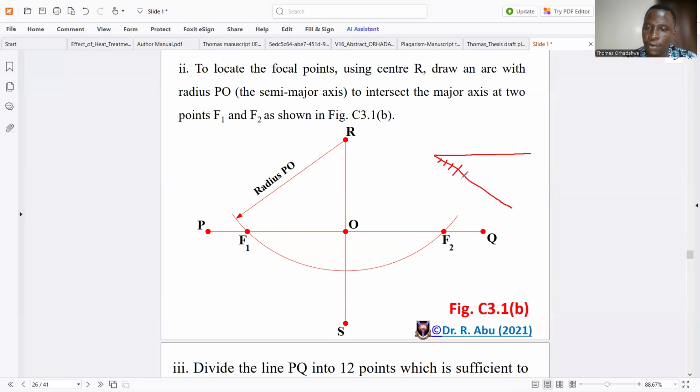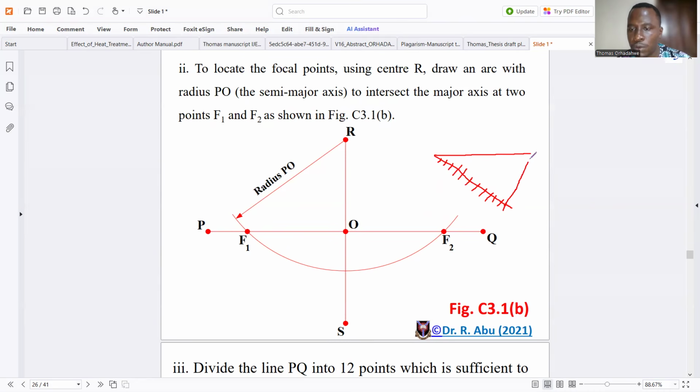1, 2, 3, 4, 5, 6, 7, 8, 9, 10, 11, and 12. So what I will do is join this 12th one to the end of the line with a straight line.